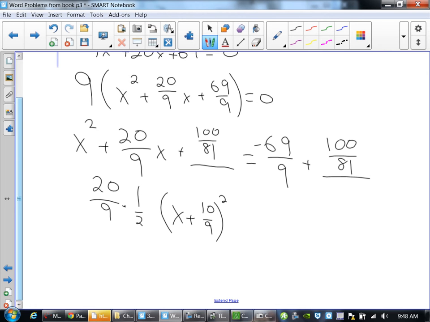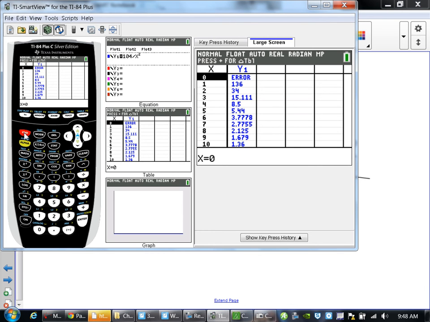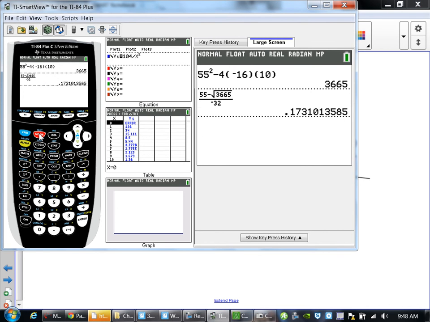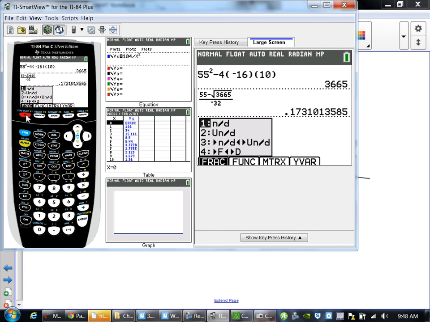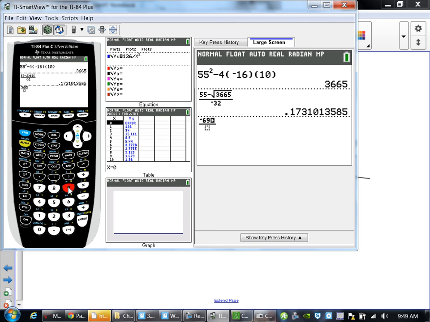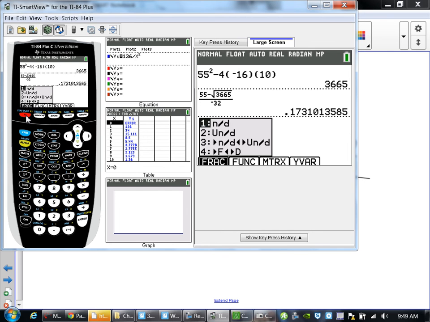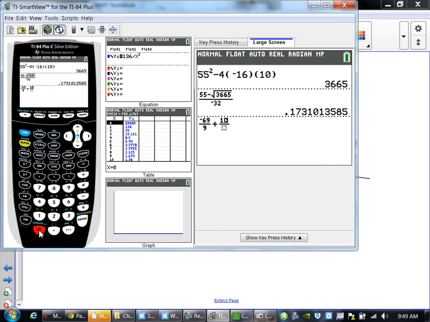In your calculator, if you hit alpha y equals, it creates a fraction. We had negative 69 over 9, and we have to add to that alpha y equals 100 over 81.